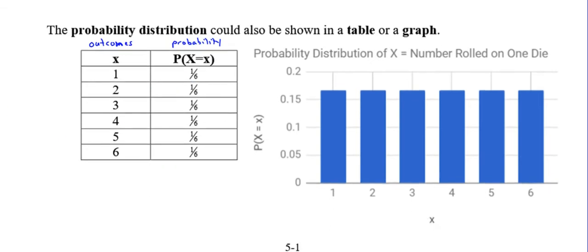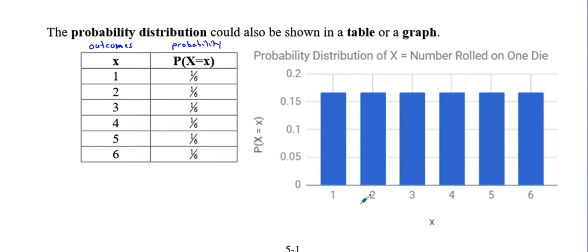The third way that you could represent a probability distribution is to use a graph. In this case, the horizontal axis is the outcome and the vertical axis is the probability. Make sure that they're labeled the same way you would in the table. Then for each outcome, you can use a bar to show what the probability is.